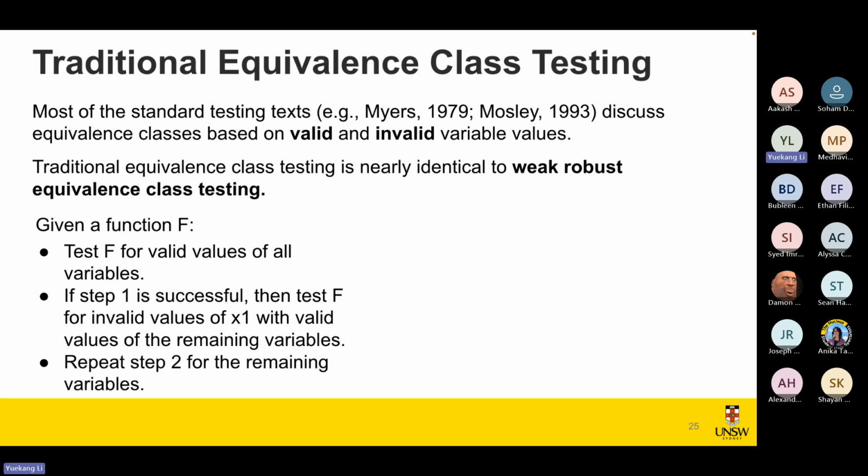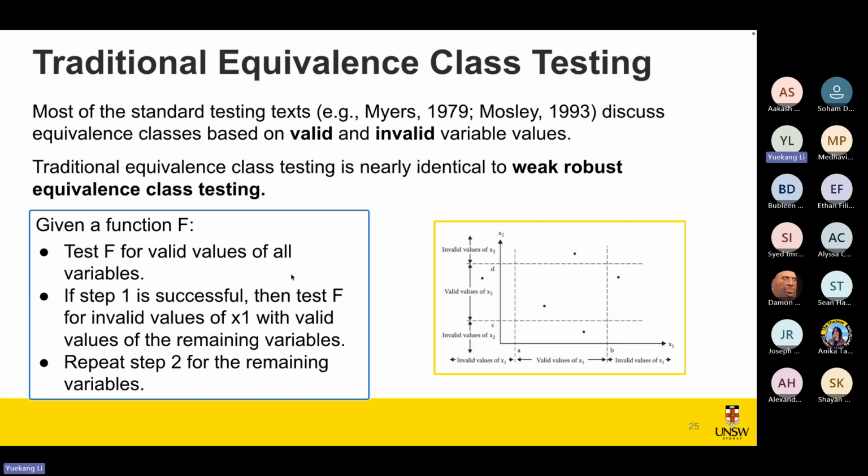So we try to fix all the other variable values to be valid and make one of the variables to be invalid and rotate this step. So this is what we do for traditional equivalence class testing. This is very similar to weak robust.